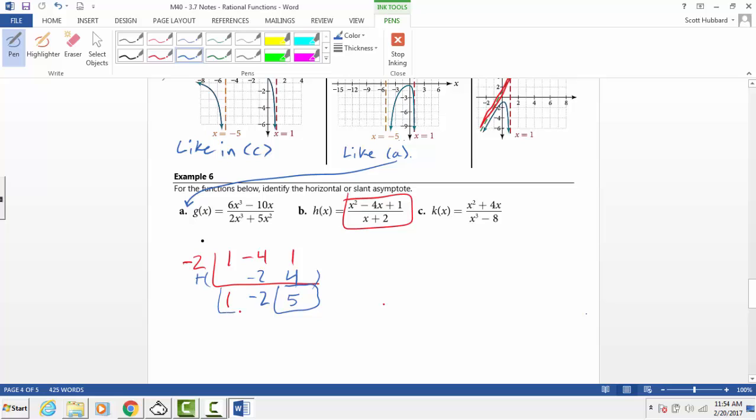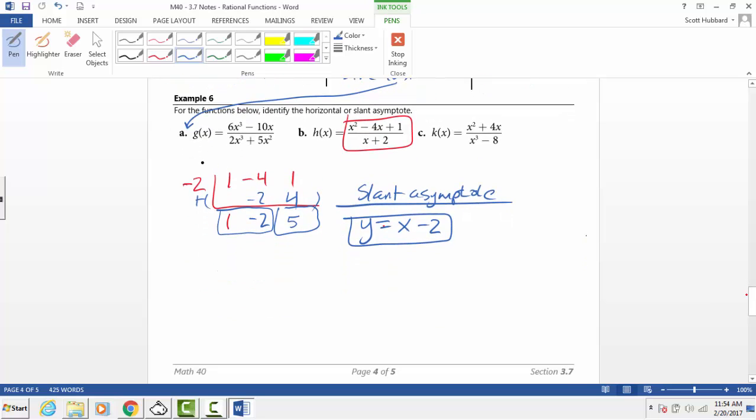When I do the slant asymptote, I only care about this. And so the slant asymptote is just going to be y is equal to x minus 2. And so what that means is that the graph has this asymptote, like this, drawn in red.